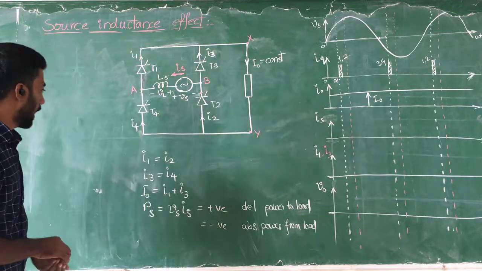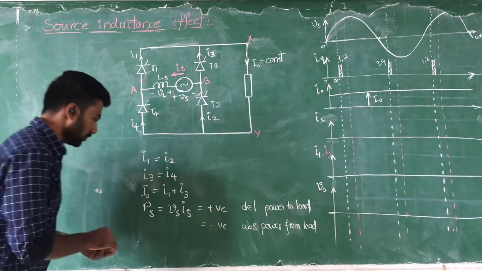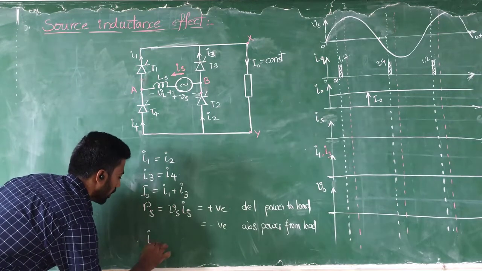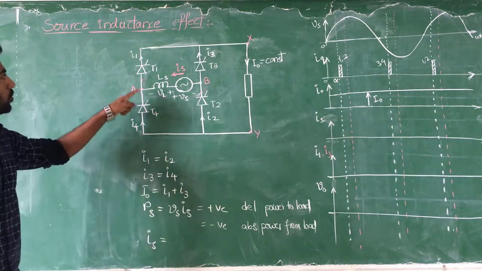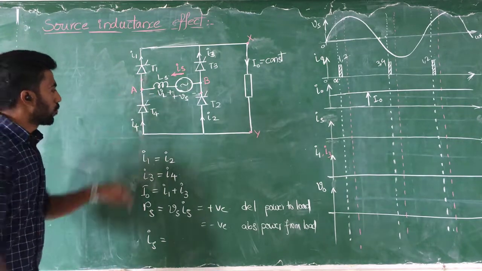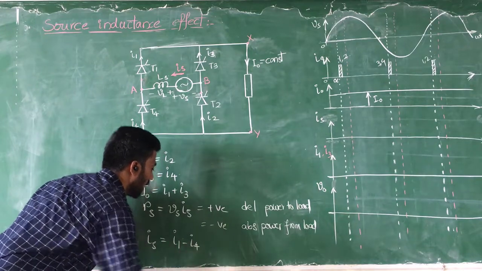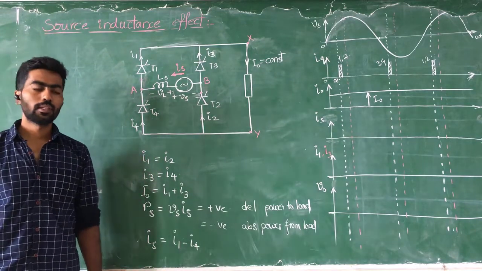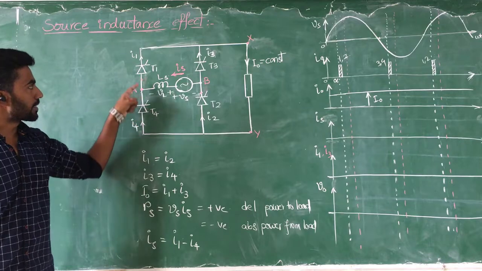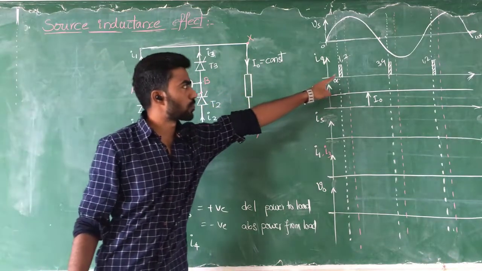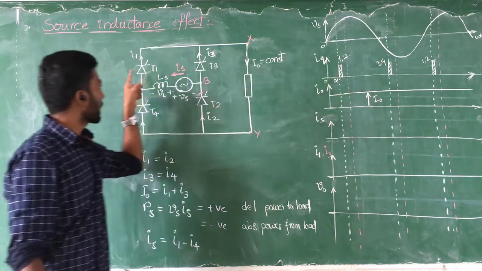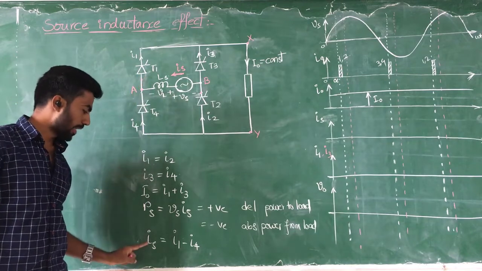So from that expression I'll write Is current is equal to I1 minus I4. Clear? Now before the triggering pulse to 1 and 2, I1 current is 0 amperes. So what is the Is value?